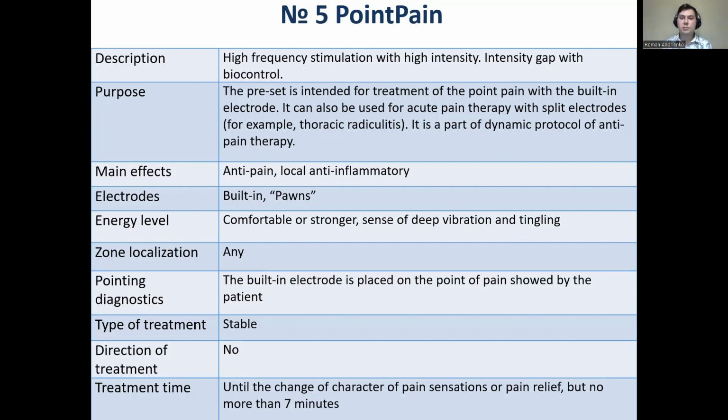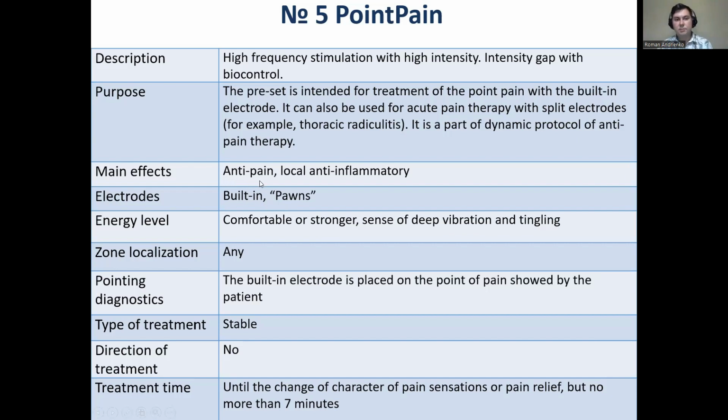It is intended for treatment of point pain with the built-in electrode, and it is also sometimes called needle-like pain. It can be used for acute pain therapy with split electrodes, for example, if we are dealing with thoracic radiculitis, and this one is also a part of the dynamic protocol of anti-pain therapy.